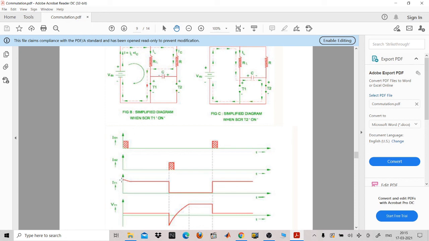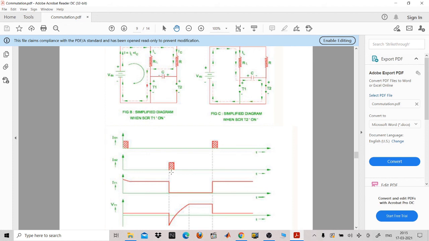So there will be some exponential curve, and then you are having the load current. Fine. So now when your T1 is conducting, it means it will be acting as a short circuit, and the voltage across T1 is nearly equal to 0.